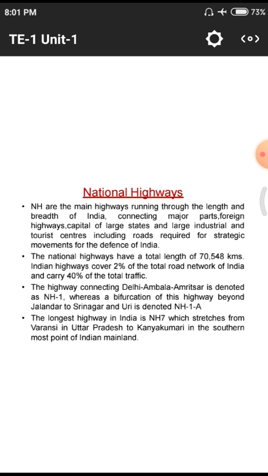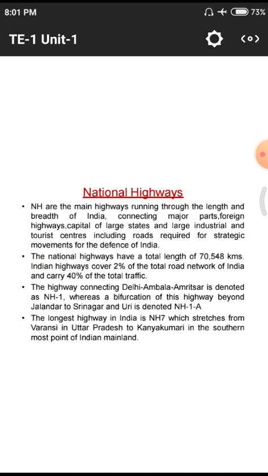The bifurcation of the highway beyond Jalandhar to Srinagar and Uri is denoted as NH1A. Jalandhar is also in Punjab, and Srinagar is in Jammu and Kashmir. Those are all denoted with NH1A, which is one of the sub-parts of NH1.